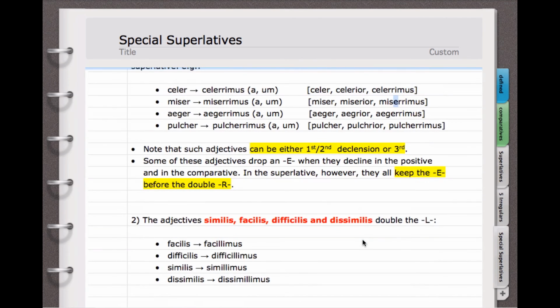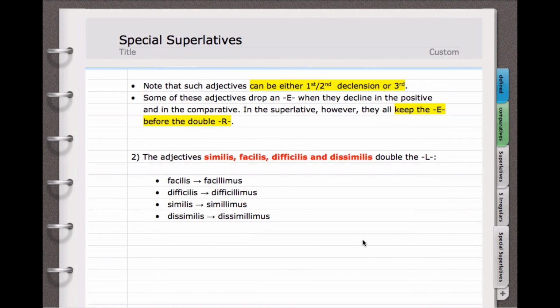Now let's move on to the next thing. There are a few adjectives, four of them are the most common here. Similis, similar, facilis, easy, difficilis, difficult, and dissimilis, which you may or may not have encountered yet, but it means not similar. Double the L. So facilis is going to facillimus, difficilis, difficillimus, similis, simillimus, dissimilis, dissimillimus.